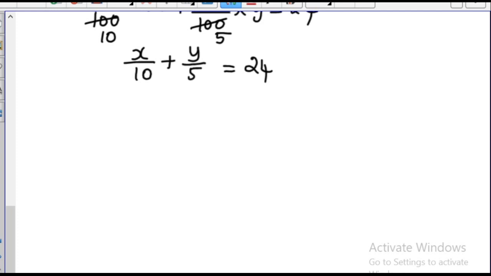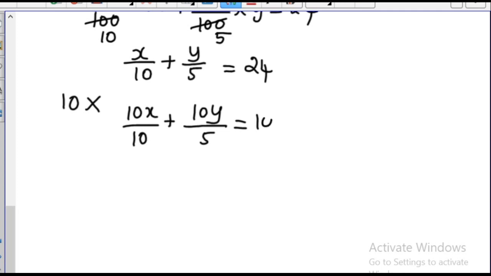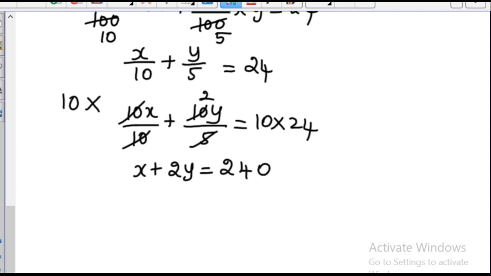You want to cancel those denominators. So what we have to do? If you take the LCM of 10 and 5, you will get 10. So you can multiply by 10. What do you get? 10x by 10 plus 10y by 5 is equal to 10 into 24. Okay. So 10 cancels. Here 2 times. So what do you get? x plus 2y is equal to 240. Okay, this is our first equation.